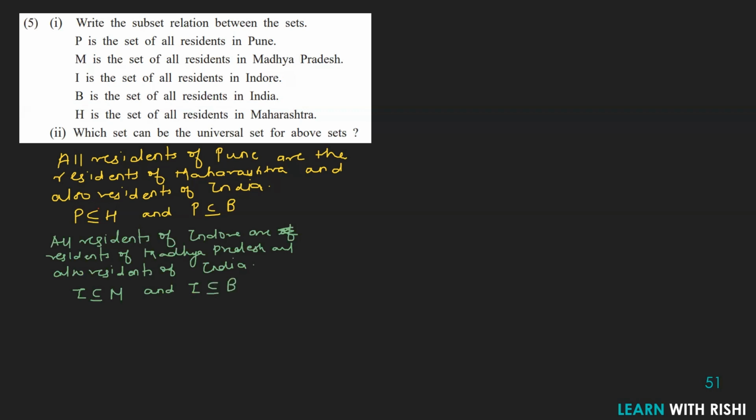Okay, now we'll compare the states. The people residing in Madhya Pradesh are residents of India, and the people living in Maharashtra are also residents of India. So the next subset relations will be: all residents of Maharashtra and Madhya Pradesh are also residents of India.